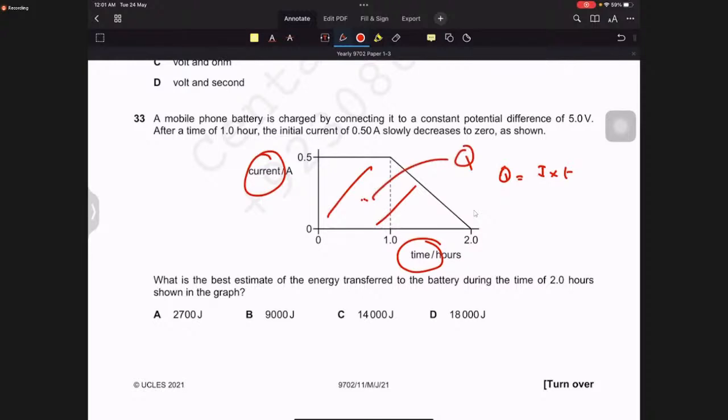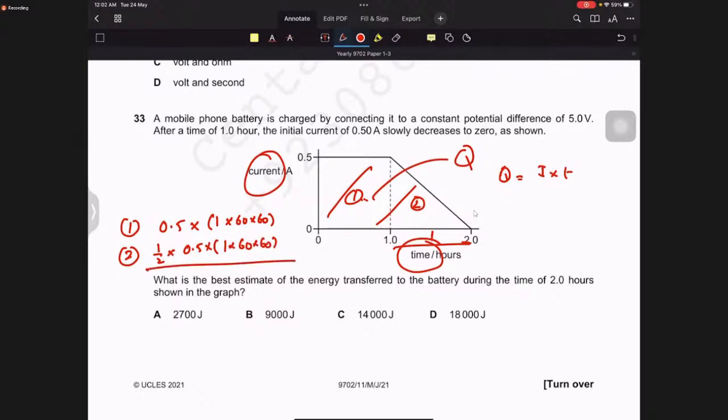So let's find that. 0.5 times, oh, this is actually, do we have to convert hours? Let me think about it. It may be easier another way, but I think we have to convert it. 1 times 60 minutes and 60 seconds. That would be the area of the first figure, and the second figure will be half times 0.5 times, this is also 1 hour, 1 times 60 times 60.